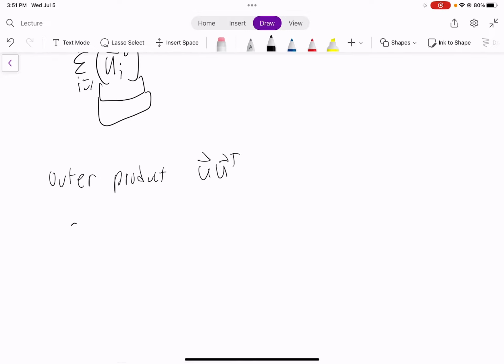But in summation terms, it is summation I equals, I'm gonna explain this in a second, I'm gonna put k. K equals 1 to n, ui vector, all quantity squared. And now what happens when you square a summation?